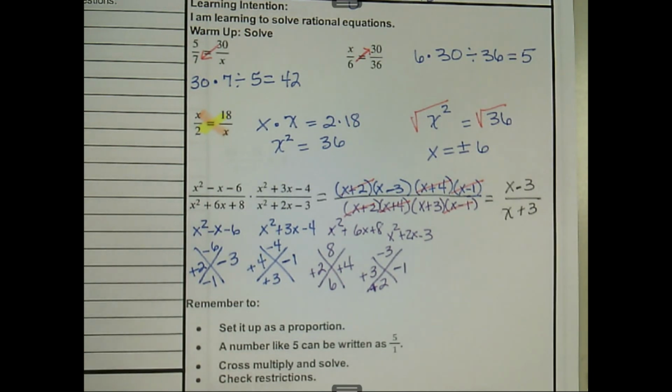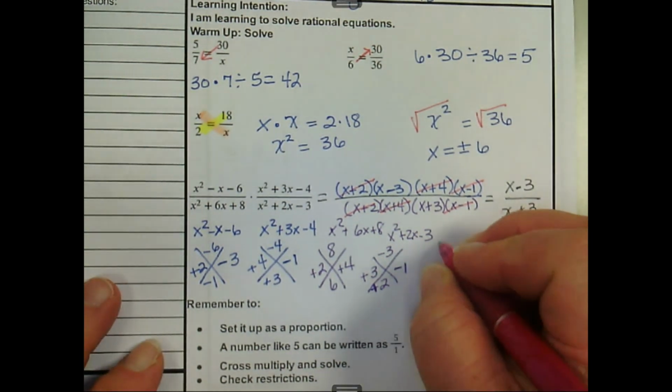Okay, now, as always, when we're doing this, there are certain numbers we cannot use. We cannot divide by 0. So what numbers will give us 0 in our denominator? Well, let's get started on our constraints or restrictions.